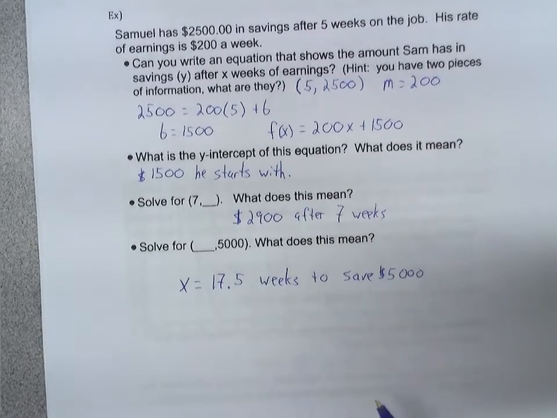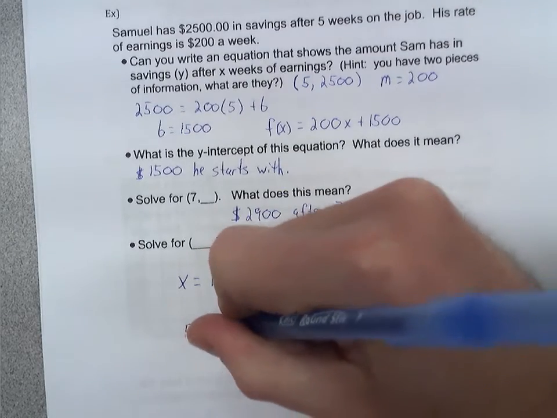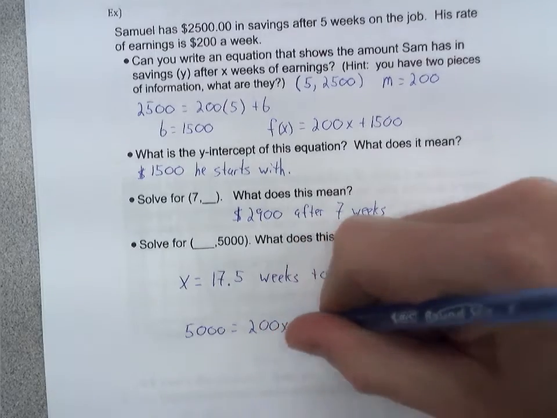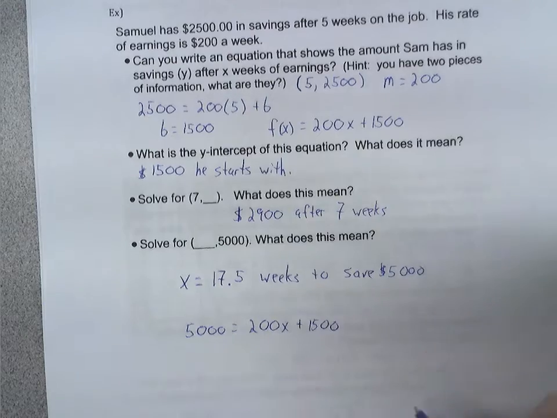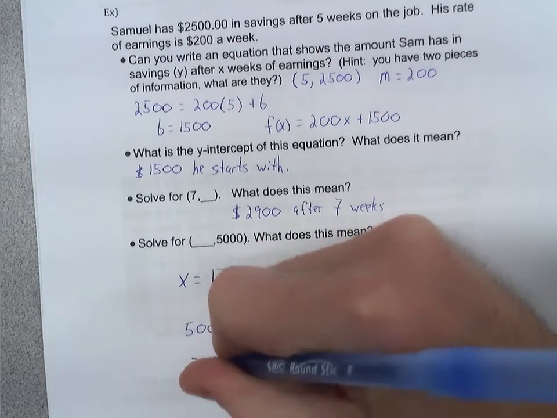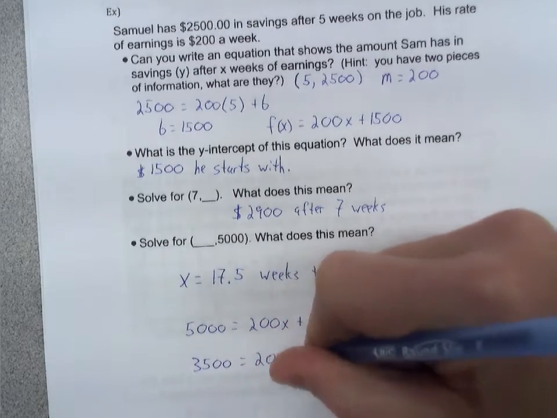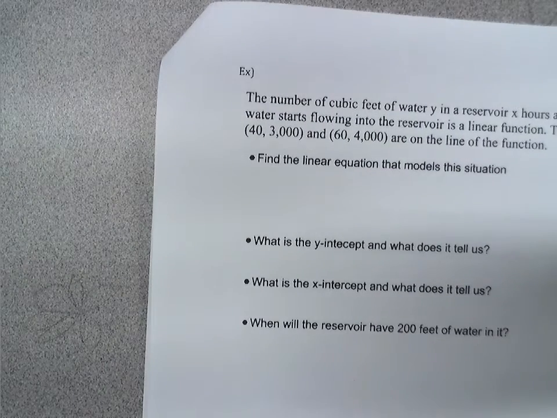That's what it would take. Because again, we're putting into the equation 5,000 is equal to 200x plus 1,500. We take 1,500 from both sides, we get roughly 3,500 is equal to 200x. 3,500 divided by 200, we get 17 and a half.